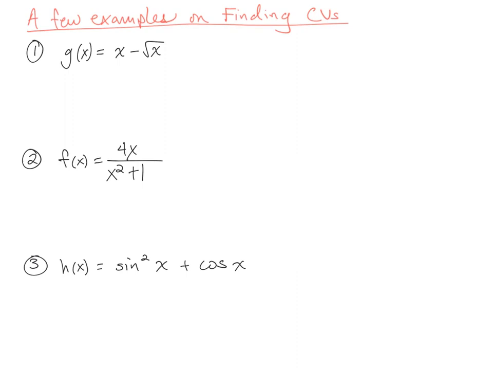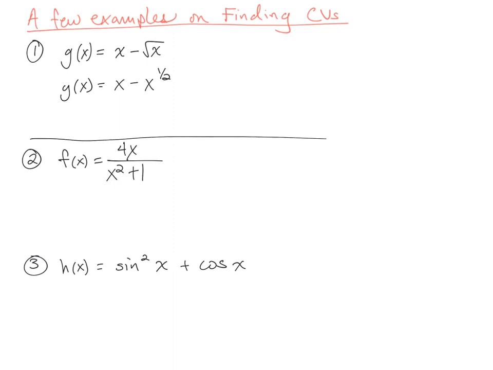So as you're working through 3.1 exercises, you should be finding the derivative right off the bat. For the first example here, g of x equals x minus square root of x, I definitely want to take a few seconds and rewrite this as g of x equals x minus x to the 1/2, just so that we can use power rule here.